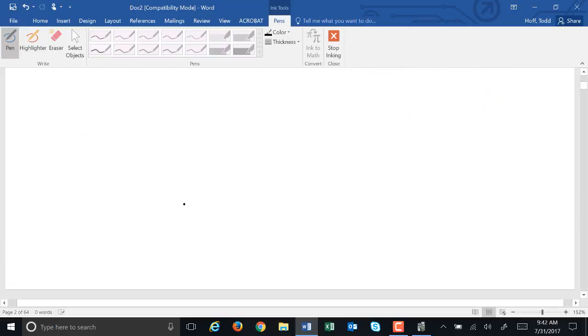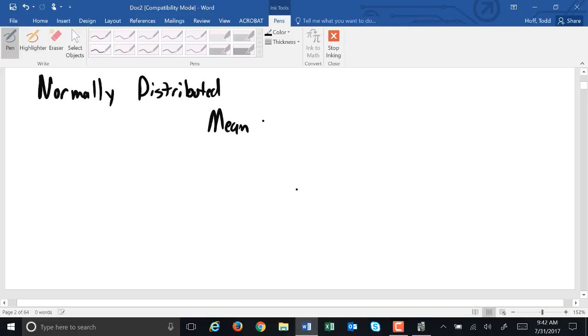Let's talk a little bit more about the mean and standard deviation and what they're used for. Remember, we said if the data is normally distributed, or at least really close to it, the mean is approximately equal to the median.